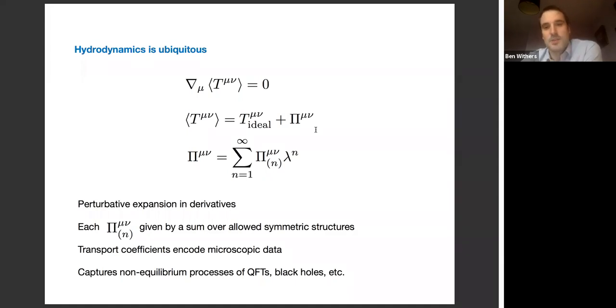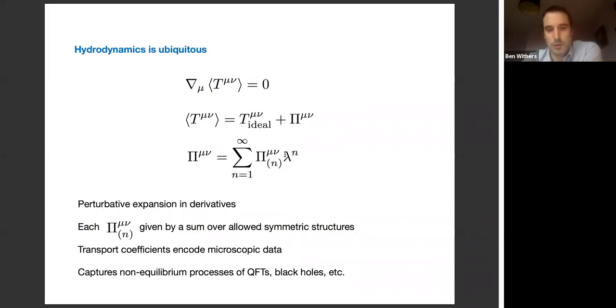The way you organize those is to count the number of derivatives, where the ideal piece has no derivatives in it, and the pi mu nu encodes things with one derivative and higher. So we can split pi mu nu into a sum over n from n equals 1 to infinity, where n labels the number of derivatives in each term.